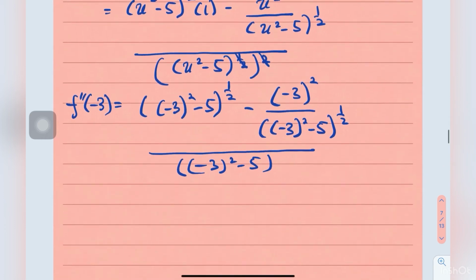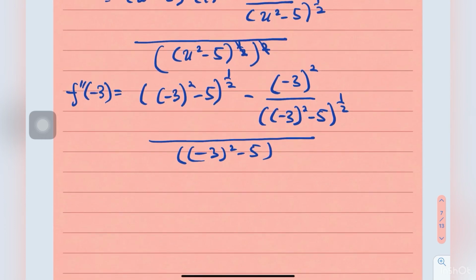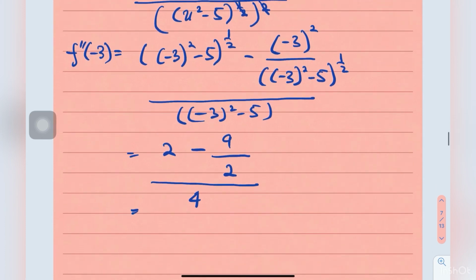So 9 minus 5 is 4, square root, power of half is 2, minus 9 over 2, divided by 4. Then you press the calculator, you get negative 5 over 8. So the answer is negative 5 over 8.